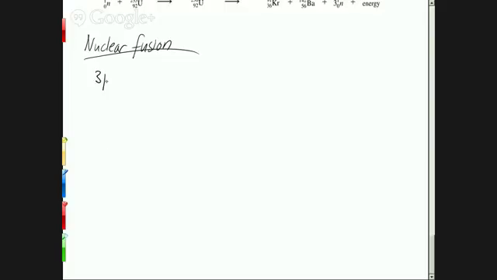In this case, 2 radioactive hydrogen nuclei, hydrogen-3, come together, form a helium atom, and a neutron, and a bunch of energy.